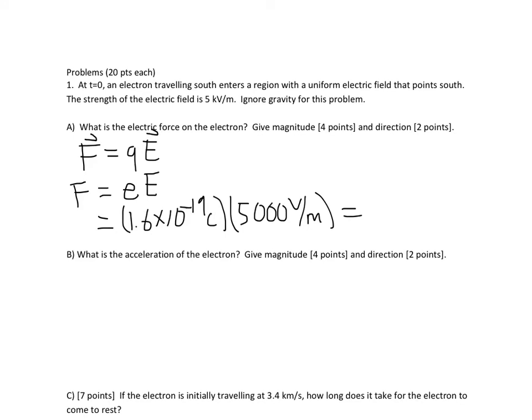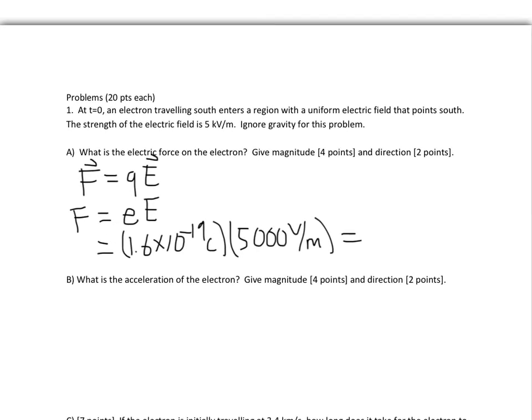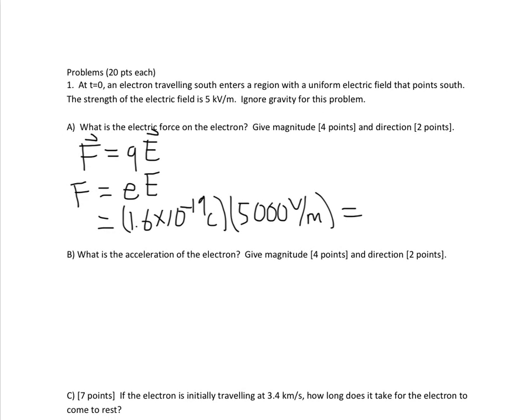This, of course, equals 8.0 times 10 to the minus 16 newtons. For the direction, the direction of the electric field is south, and this is an electron which is negative. So the force, by this equation right here, should be directed opposite the electric field, so the direction is north.